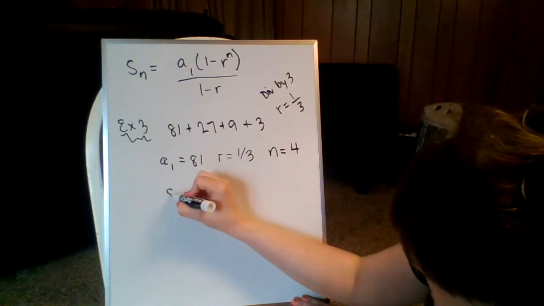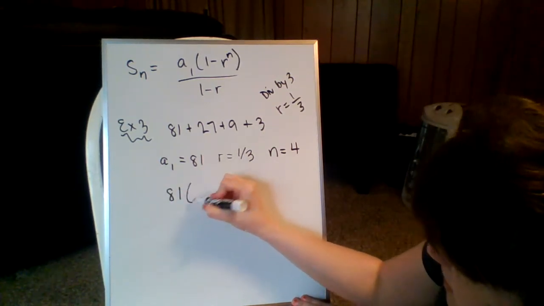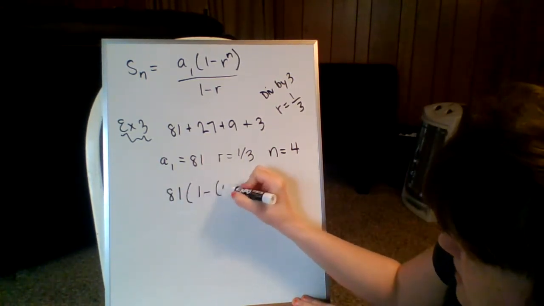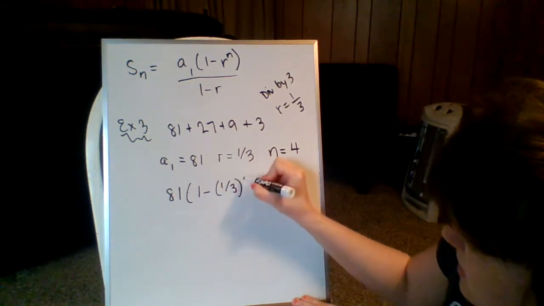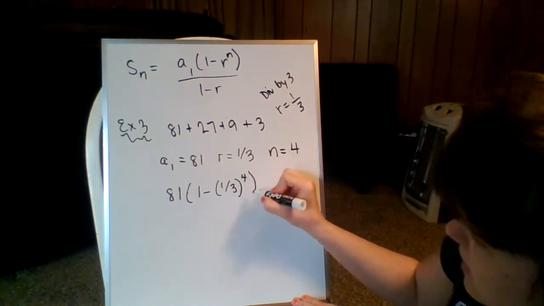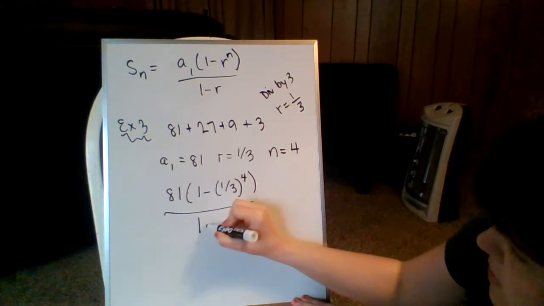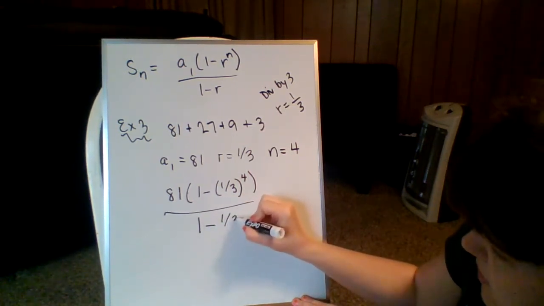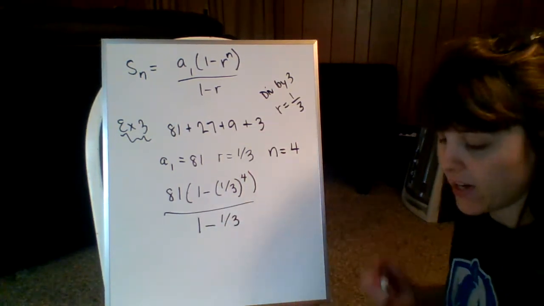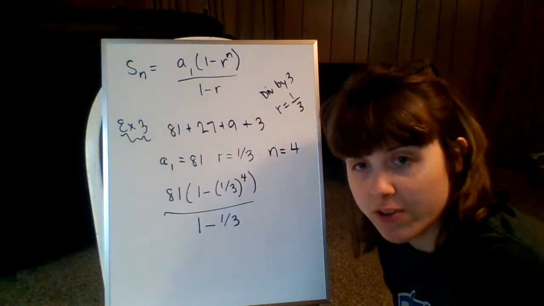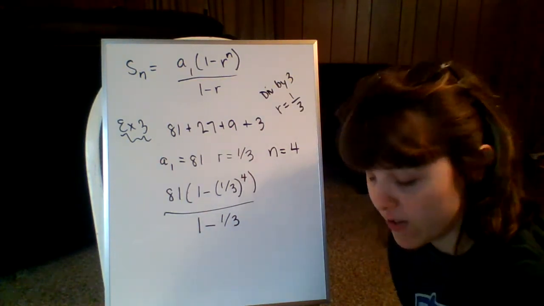So I'm going to set this up now. Okay, so we've got 81 times 1 minus 1/3 to the 4th power divided by 1 minus 1/3. Okay, now I put a note on your notes about how to type this in on your phone calculator.